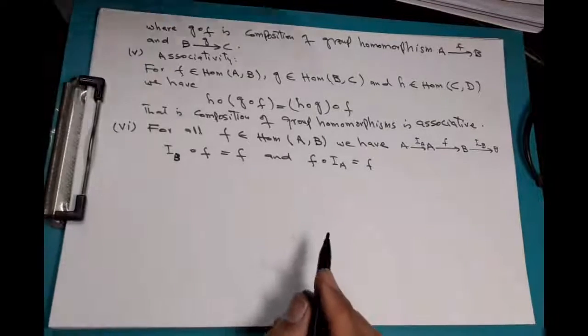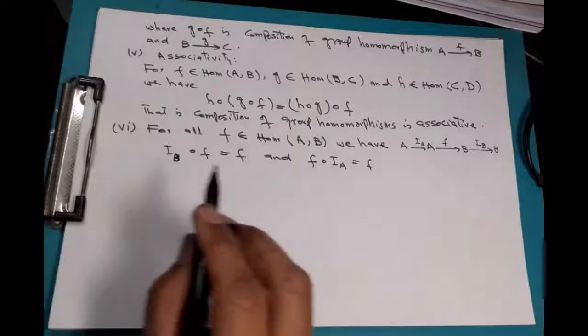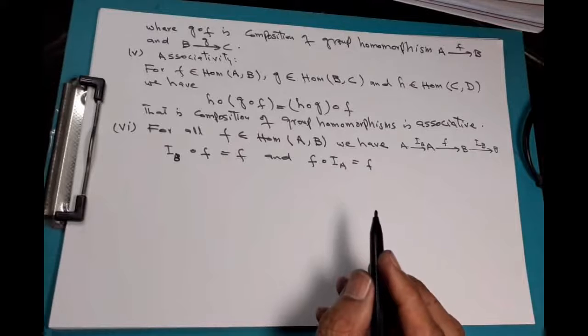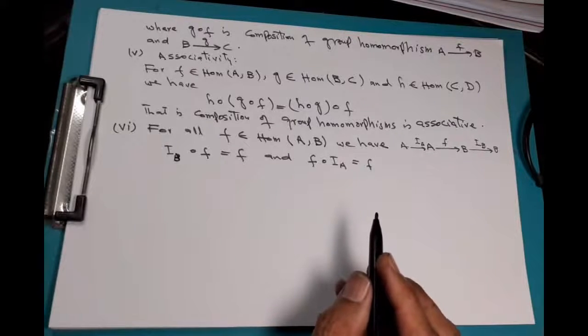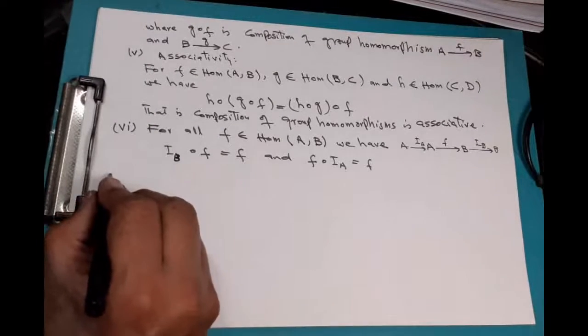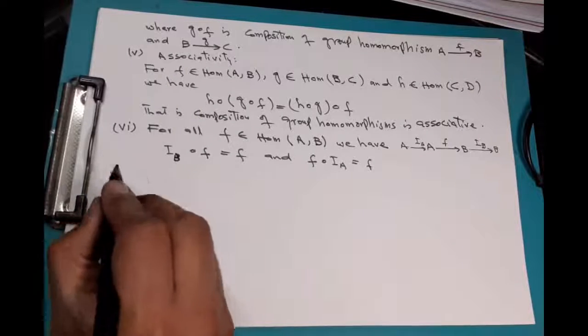We come to the next example, and that is the category of rings. So it was the first example, now we come to the second example.